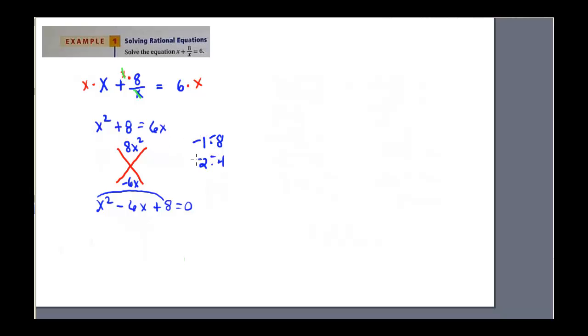Negative 4 times negative 2 is positive 8. Now, if I were to add the pairs together, negative 1 plus negative 8 would give me negative 9. Negative 2 plus negative 4 would give me negative 6. I'm going to use the negative 2 and the negative 4 because they give me the number that's in the bottom of my cross.